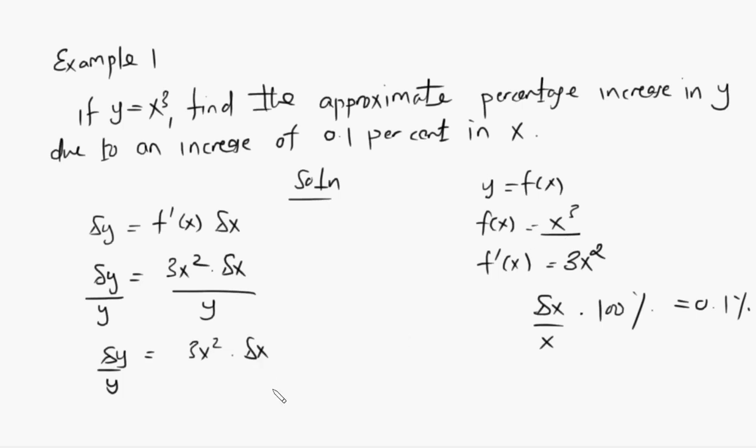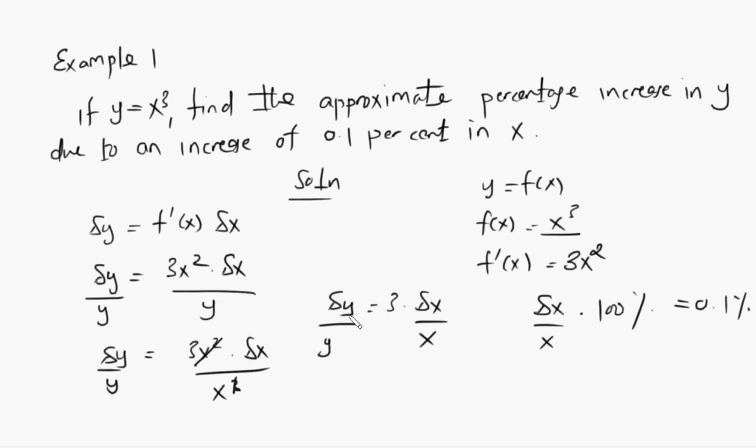But what is y? y is x cubed. So here I have x cubed, so this will go, and here I remain with x. So delta y over y is equal to 3 times delta x over x.